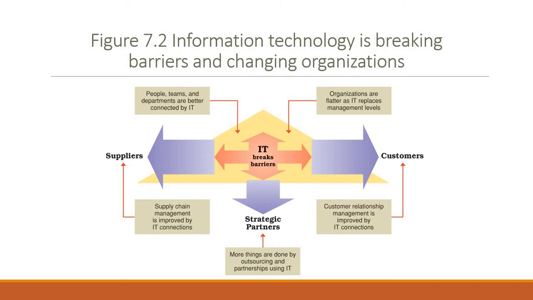IT is also breaking barriers between organizations and the key elements in the external environment. It plays an important role in consumer relationship management by quickly and accurately providing them the information they need, di ba? Preferences and even the satisfaction. So it also helps in the supply chain, guys.